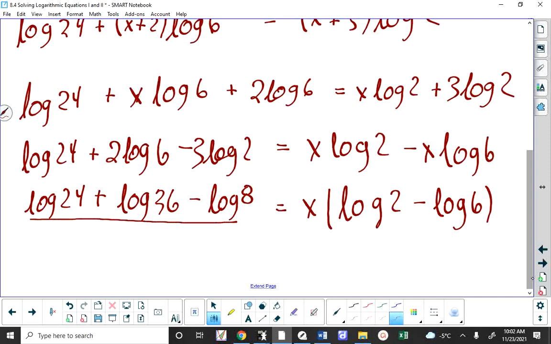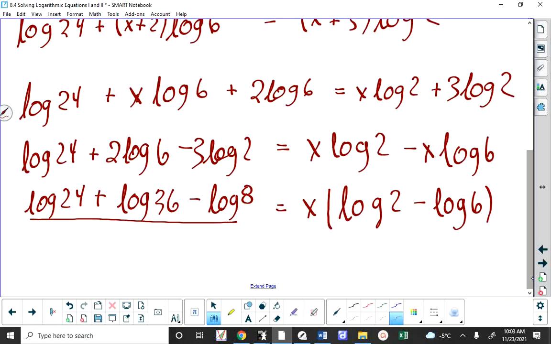I don't know if many of you are appreciating what I'm about to say, but when you stop for a second and look up here, I think this is going to be a good idea because 24 divides by 8. If we were to pack all this together as a single logarithm, we'd have 24 times 36 over 8. 24 over 8 is 3, so it would be log of a single number.